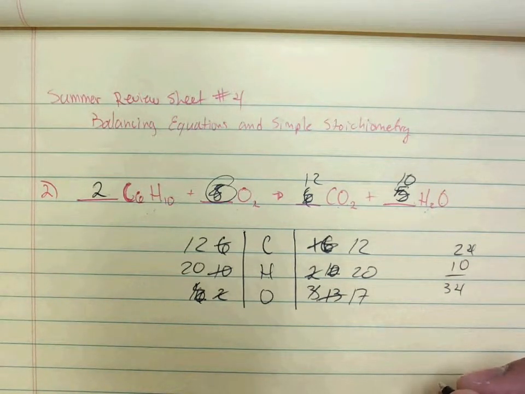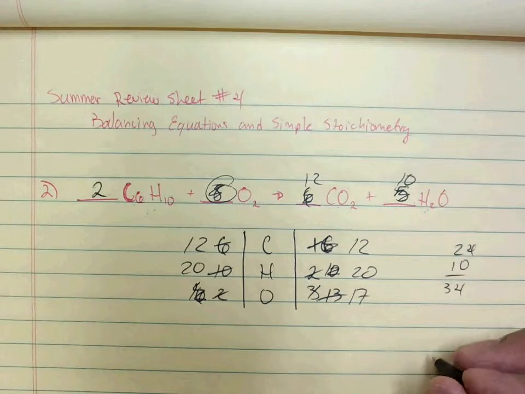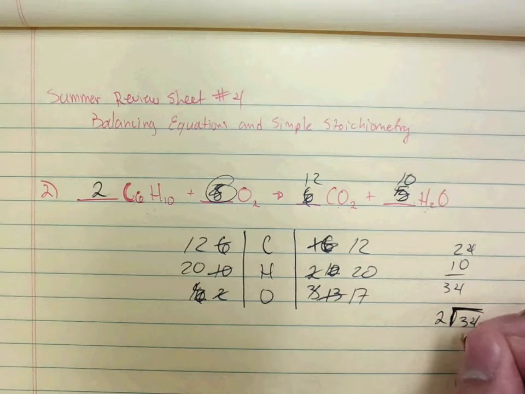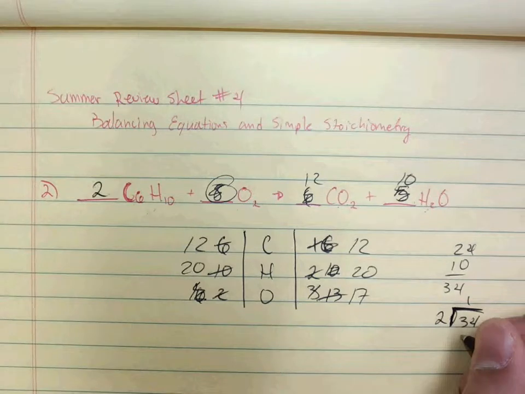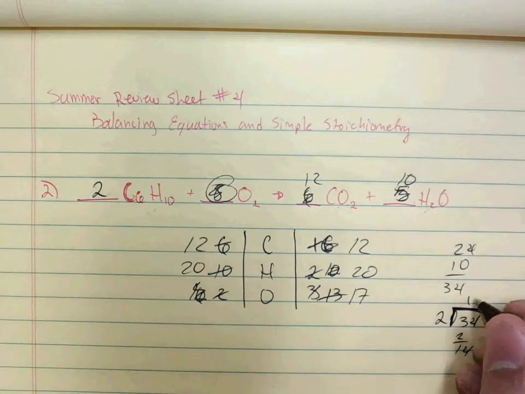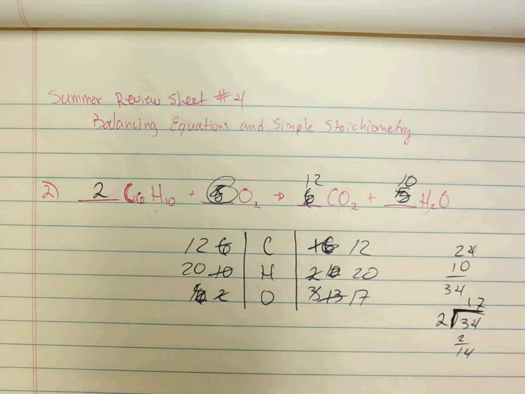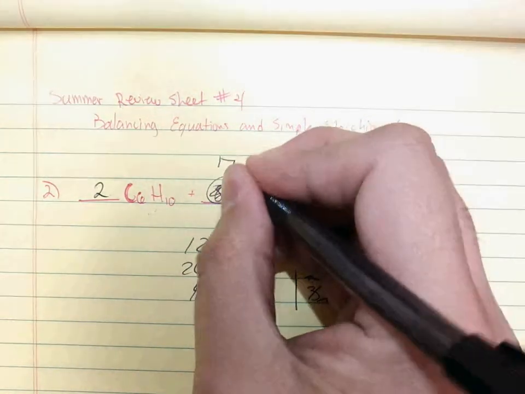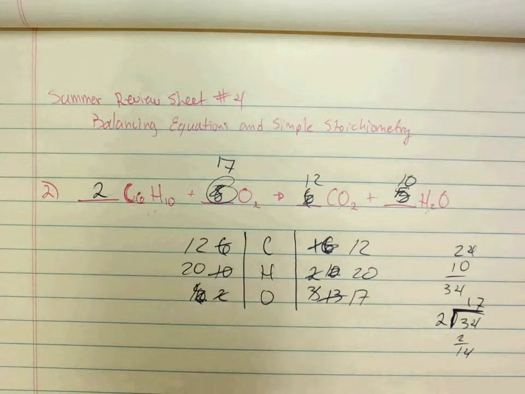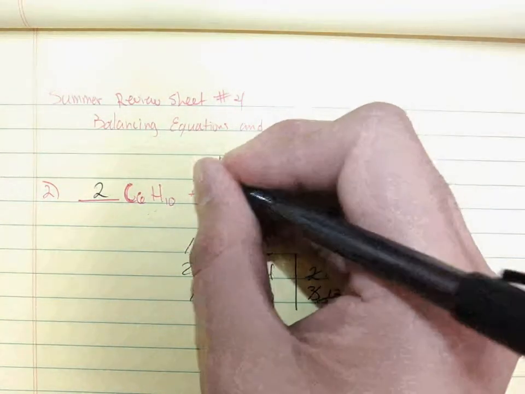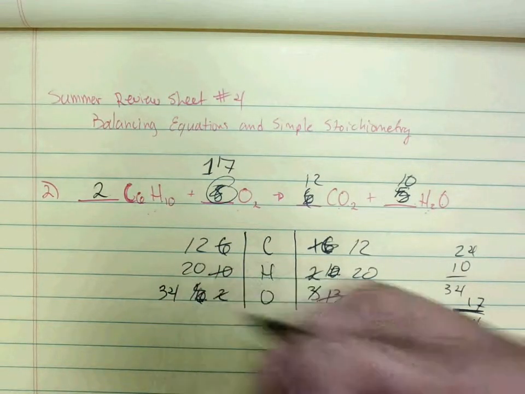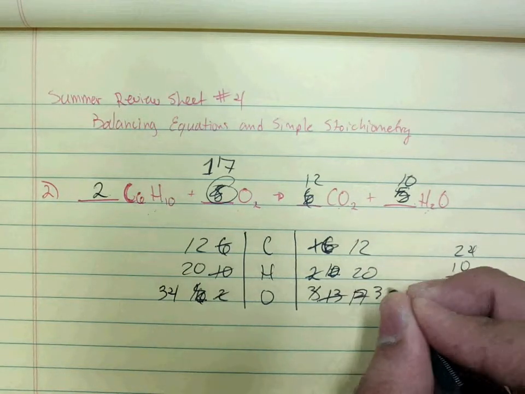What is half of 34? 34 divided by 2, that's 17. Okay, so not 16, but 17. So that number is 17. 17 times 2 is going to give me 34. And here I have 34.